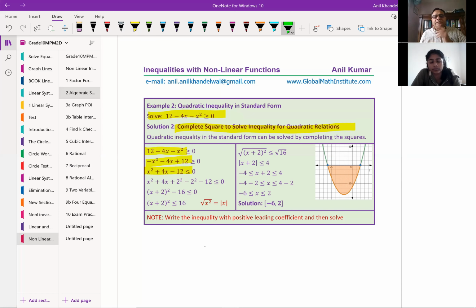Whenever I'm teaching you these inequalities, my focus is that the leading coefficient should be positive. So that is the note given here: write the inequality with positive leading coefficient and then solve. So first step, make the leading coefficient positive. Once you do, you know that the parabola will open up, correct?